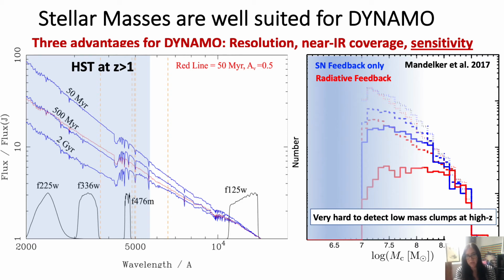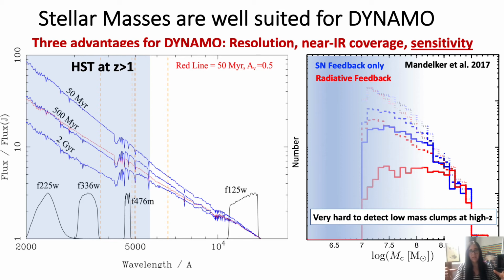But anything redward of, say, 600 nanometers, it's really difficult to measure in high redshift galaxies. JWST will, of course, change this, but for now, we haven't had access to that. But with DYNAMO galaxies, we get K-band, J-band data quite easily with either HST or adaptive optics. And this really allows us to decrease the uncertainties on our mass-to-light ratio.